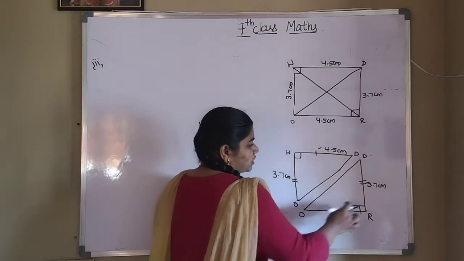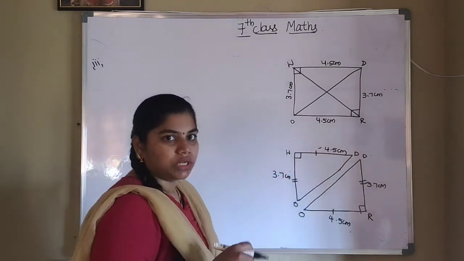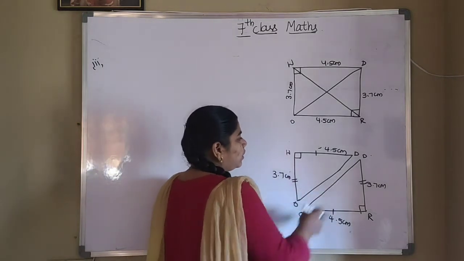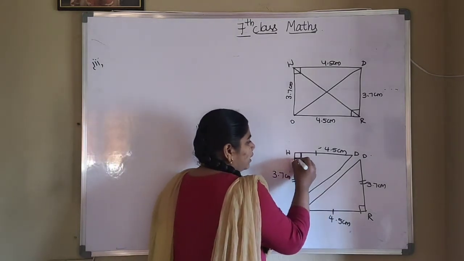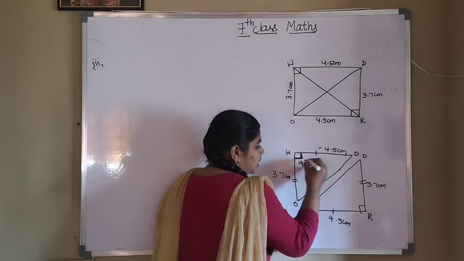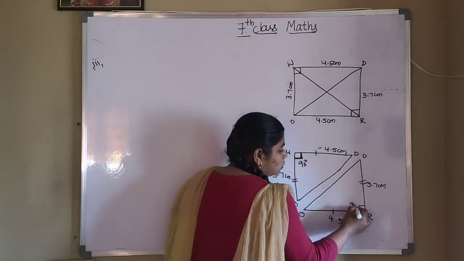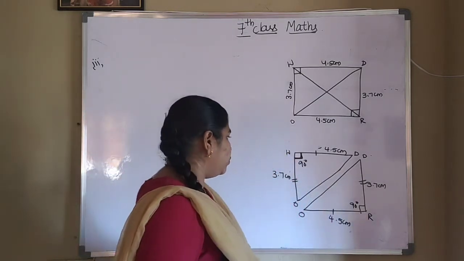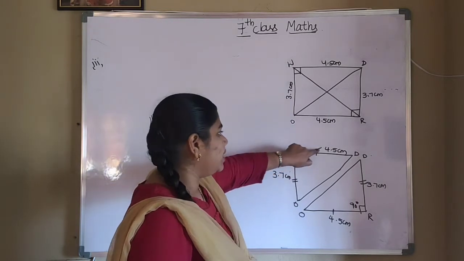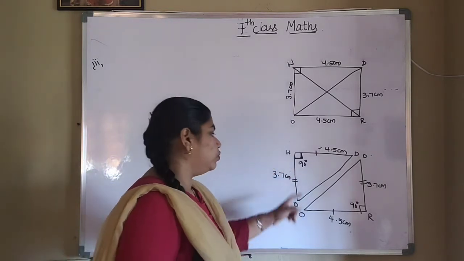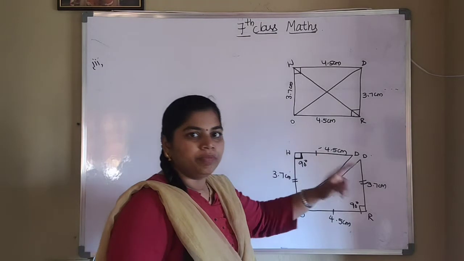Here also 3.7, here also 3.7, so both sides are equal. Now angle W is 90 degrees. In the same way, angle R is also 90 degrees. So by using SAS congruency, you can tell both the triangles are congruent to each other.